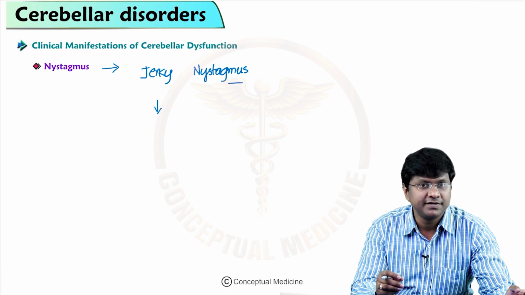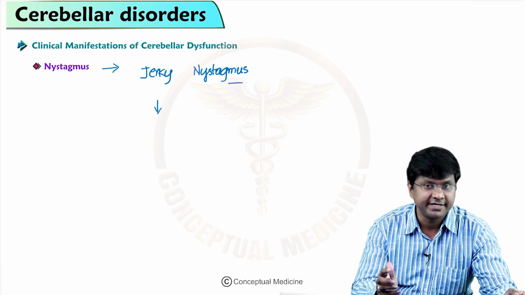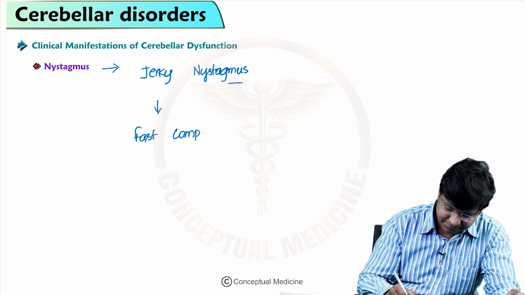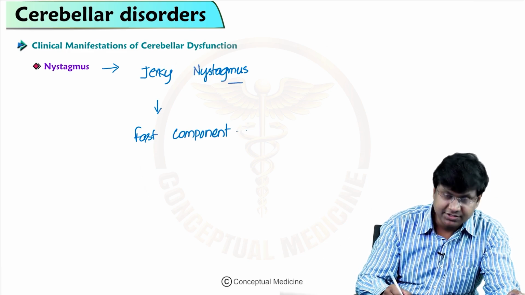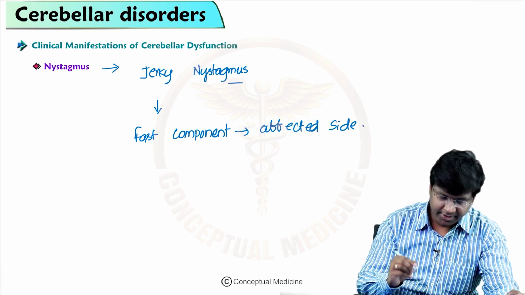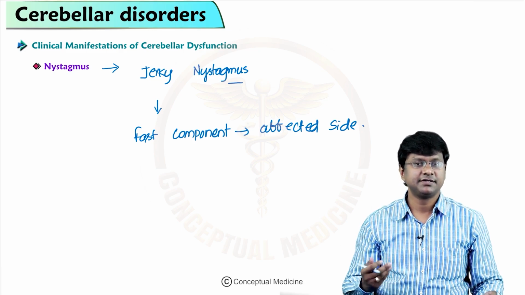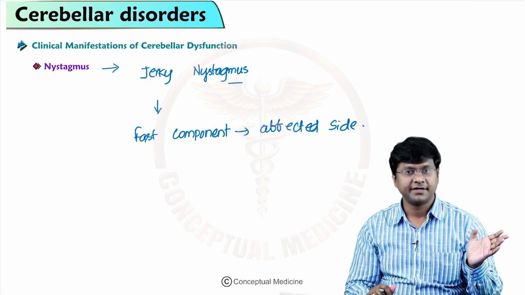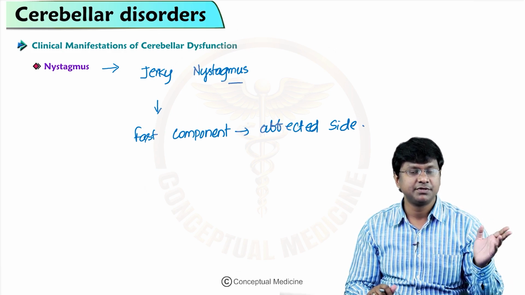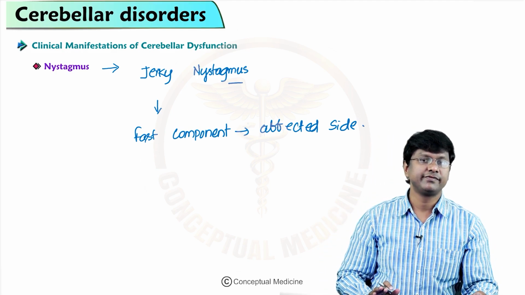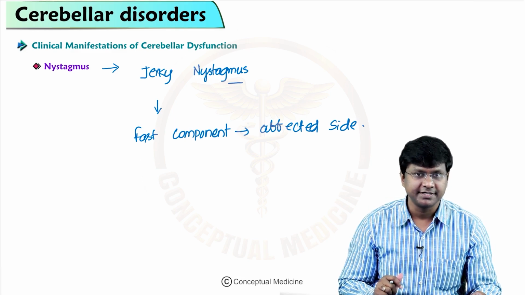The fast component is towards the affected side. That means if the right cerebellum is damaged, the fast component of the nystagmus will be towards the right side, and if the left side is affected, the fast component will be towards the left side. So there is a jerky nystagmus with the fast component towards the affected side.